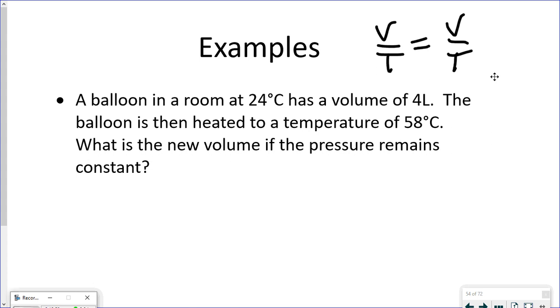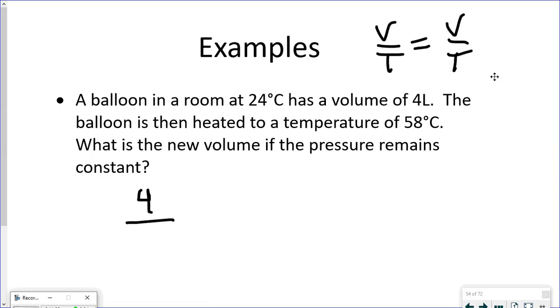So it tells us that we have a balloon at 24 degrees Celsius with a volume of 4 liters, so that will go on one side together. So we have 4 liters over, and our temperature it gave us was 24 degrees Celsius, but remember, temperatures have to be recorded in Kelvin. So remember, to go from Celsius to Kelvin, we have to add 273.